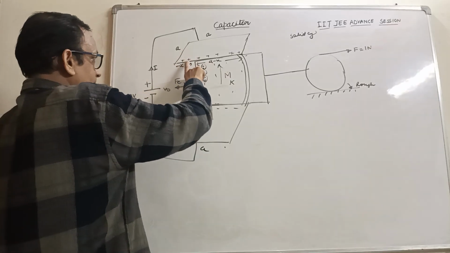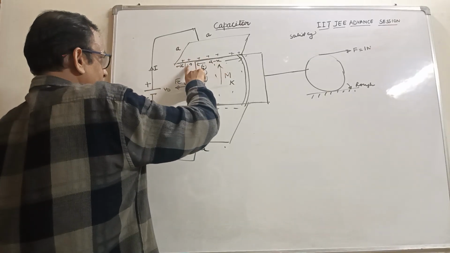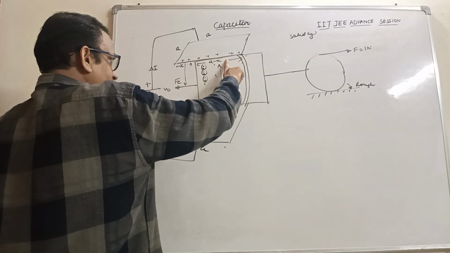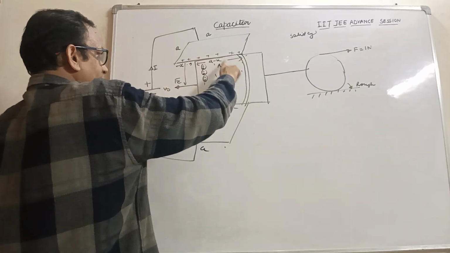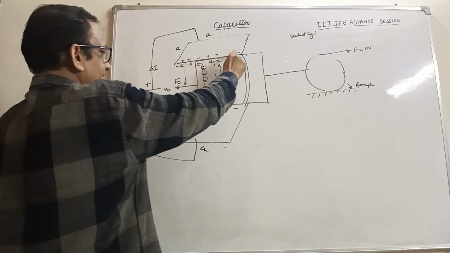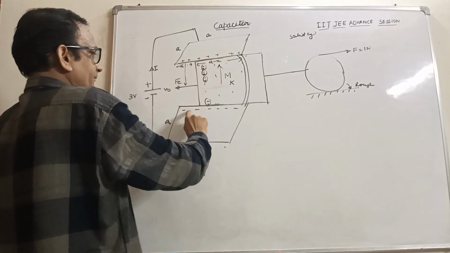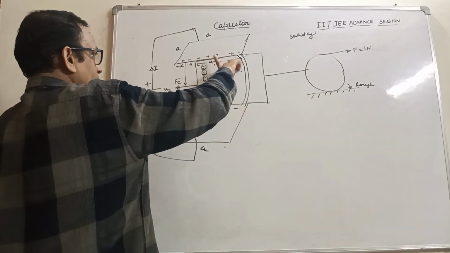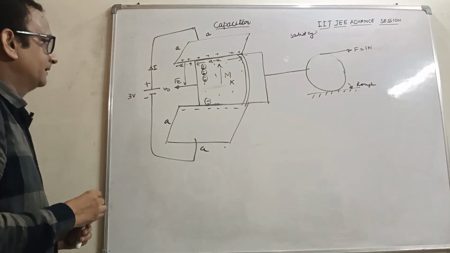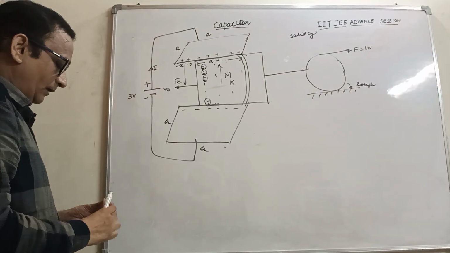These two, the air capacitor and the dielectric capacitor, are in parallel because their ends are connected to an equipotential surface. So these two are parallel, and we find C equivalent.